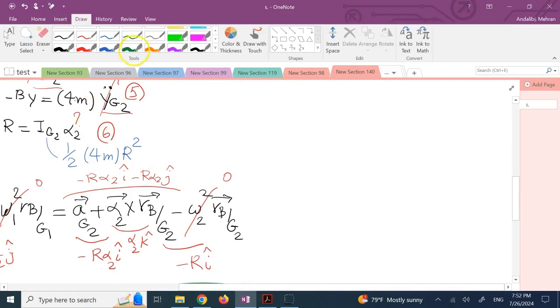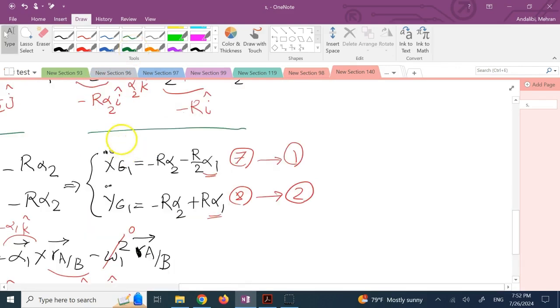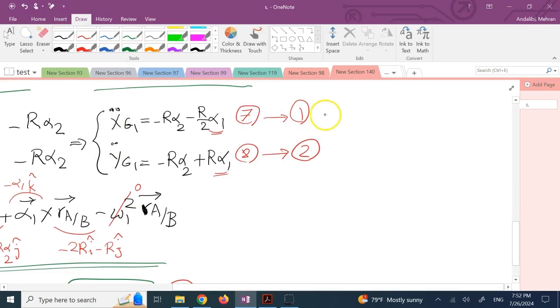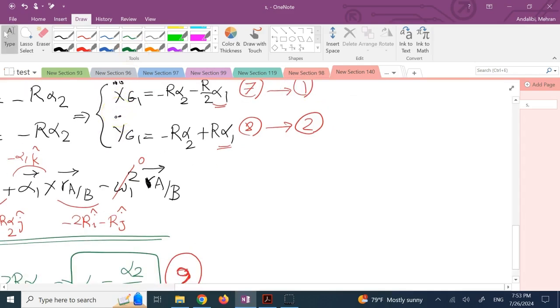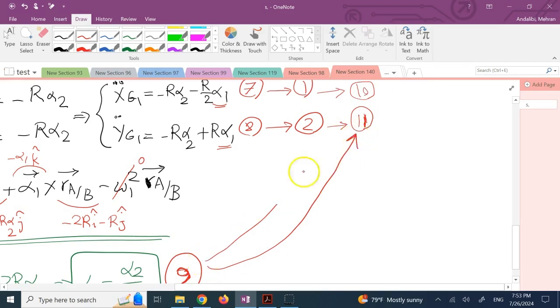Okay, so here, let's use some new notations. This equation, if you don't mind, 7 in 1, I would call it equation 10. And 8 in 2, I call it 11. And now 9 is going to go into both of them.